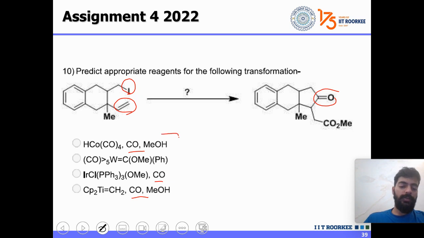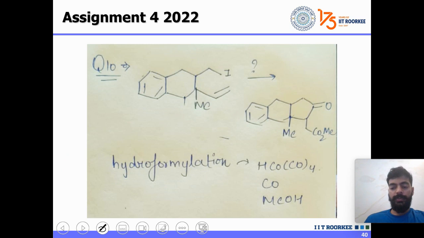This methanol can give the hydrogen, this also can give the hydrogen. So these two are our recommended sources, but we know hydroformylation occurs only with the cobalt, not with the titanium. So if we see here, this product is done with the cobalt only because it is an exclusive example of hydroformylation.